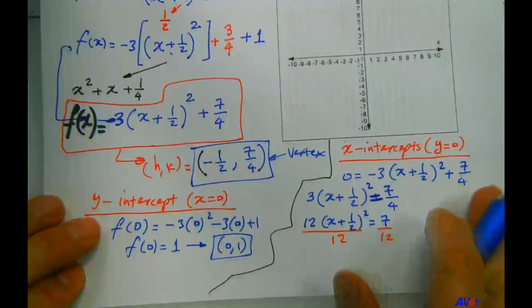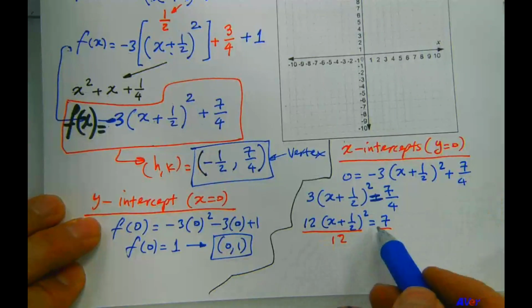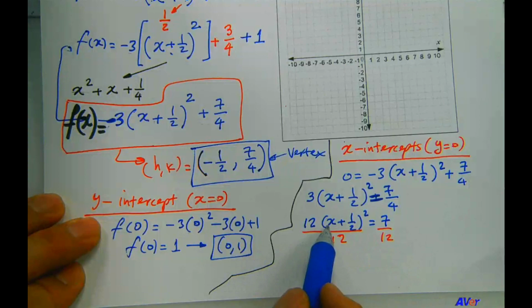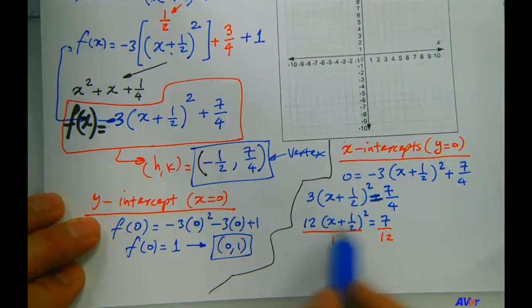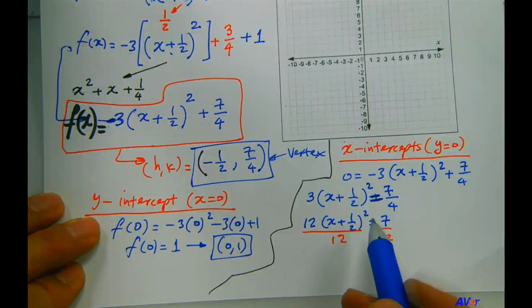So we'll end up with, every step we take here is to make this x isolated. It's now part of a group. We need to get rid of these numbers, the 3, the 4, and the 12 now, and then get this x out of the parentheses in order to solve for it. Okay?